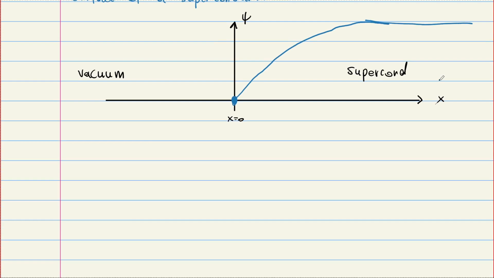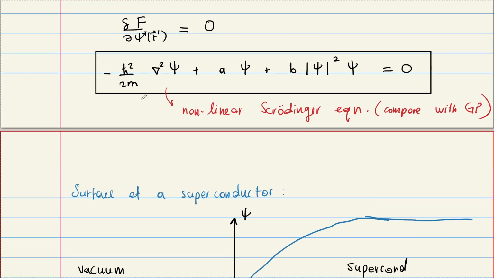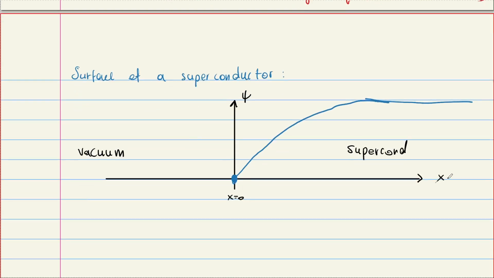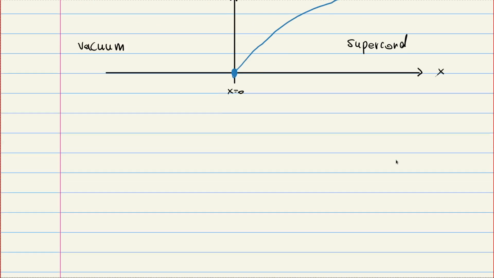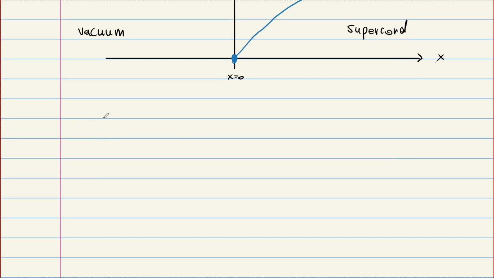Let's write this using equations. We already have the equation there, and you can see there are only gradients in one direction, the x direction. The y and z directions don't matter here. So I'll write this as minus h bar squared over 2m d squared dx squared psi plus a psi plus b psi cubed is equal to 0.